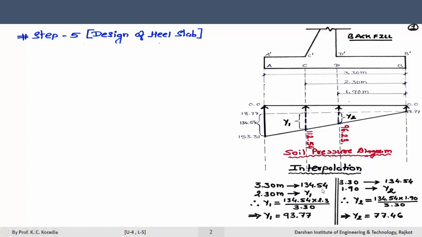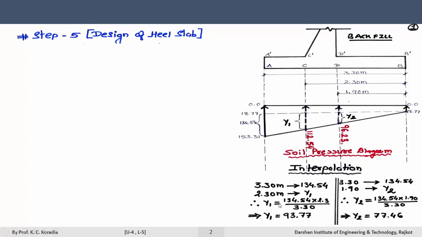We can say that if we move a distance of 3.30 meter from point B towards A, the pressure increases by 134.54 kN per meter square. Therefore, if we move from point B towards A for a distance of 2.30 meter, the pressure intensity will increase by a value Y1.